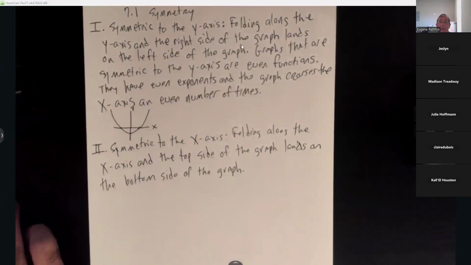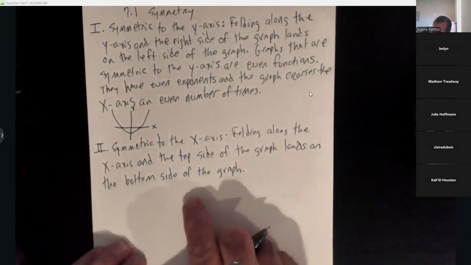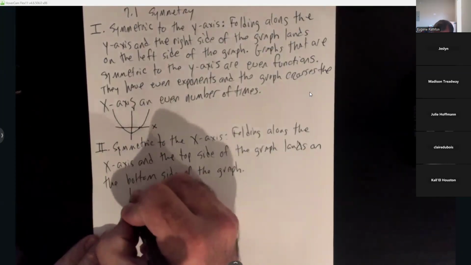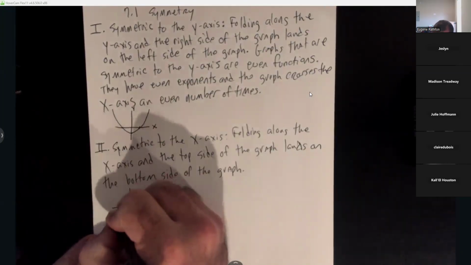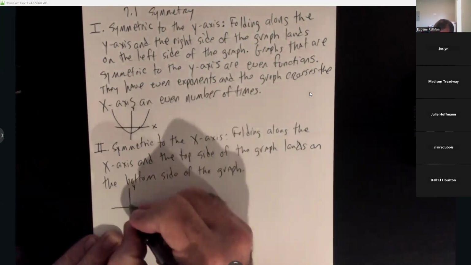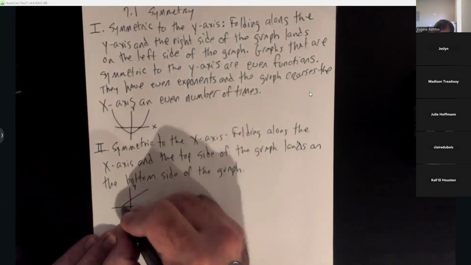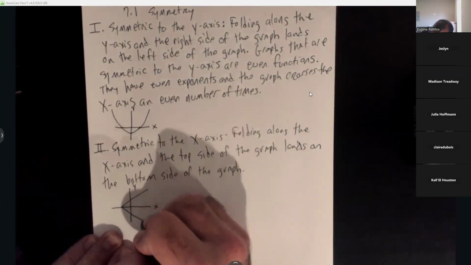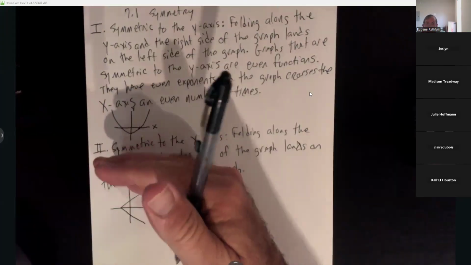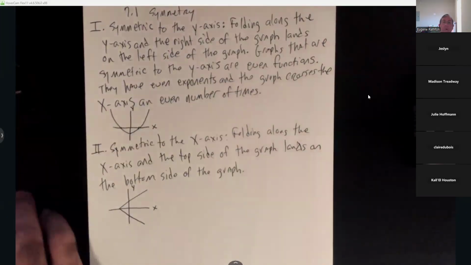Okay, so the top is going to fold over and land on top of the bottom. So an example of that would be something like this, where if I folded it over, this top part would land exactly on that bottom part right there.